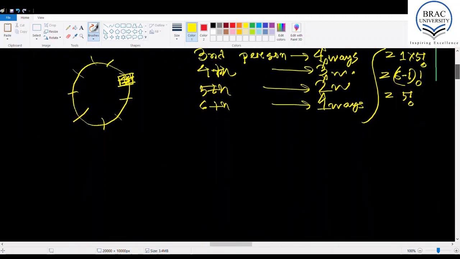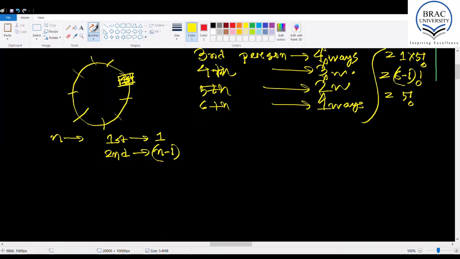So for the first element, out of the total n elements, the number of different ways will be only 1, because no matter where it is situated, the view will be the same. For the second element, there are a total of n minus 1 different permutations.